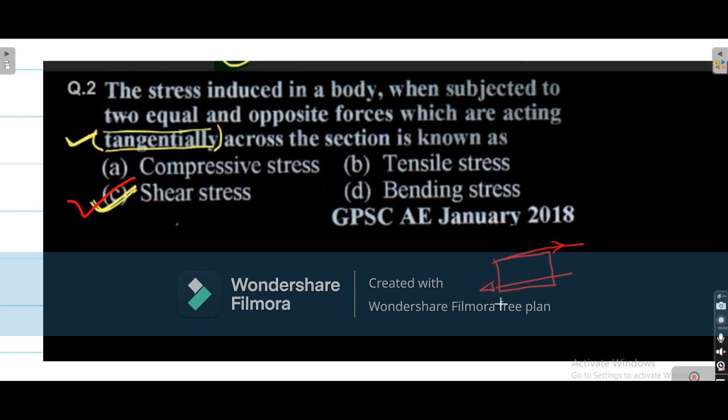That means they are acting tangentially to the cross section. If it is tangential, then the answer will be shear stress. Similarly, if the forces are acting perpendicular to a cross section, then we can say it is a normal stress. This question came in the GPSC Gujarat Public Service Commission AE exam 2018.